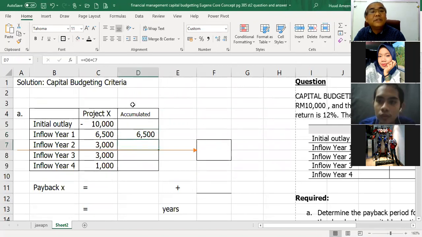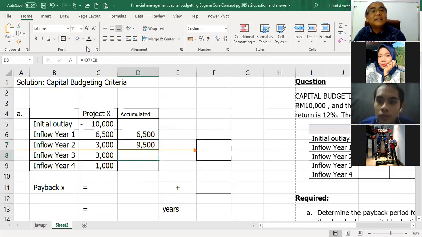Year 2, if you sum 6,500 plus 3,000, you get 9,500. It is not yet enough. You need to get 10,000, so the crossing point is between 9,500 and 10,000 and above.